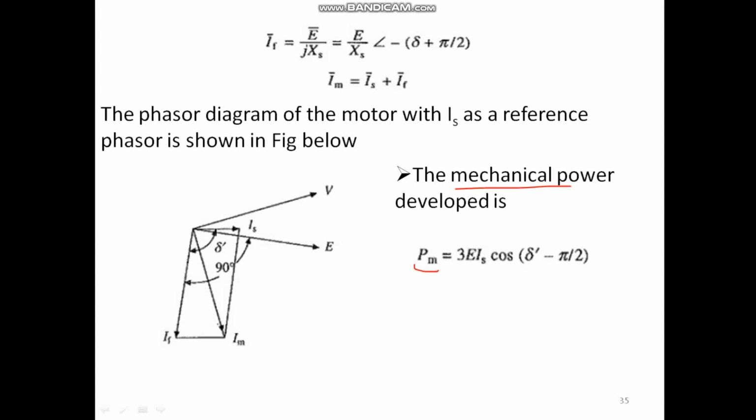When I am talking about the phase value, I write 3 E into I cos phi, where phi is delta dash minus pi by 2.